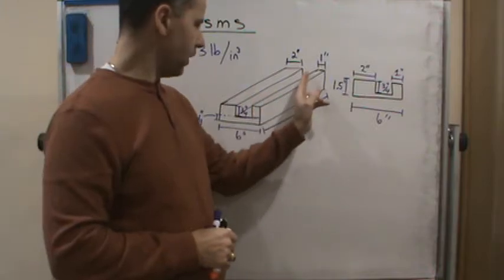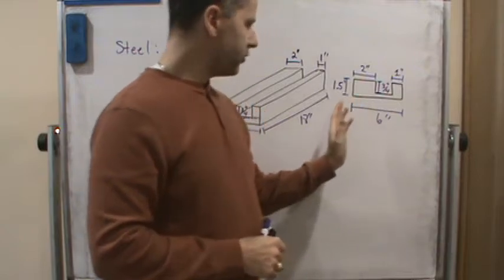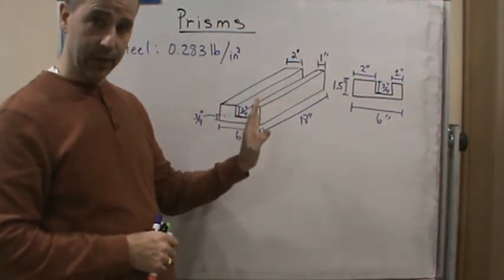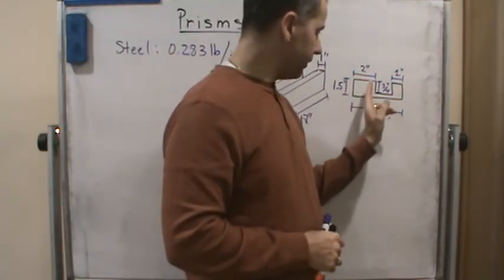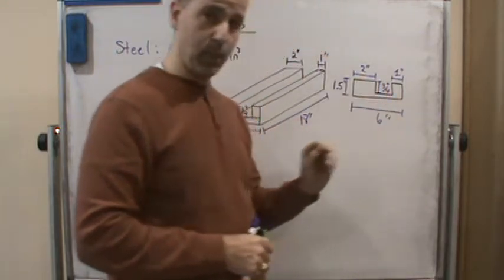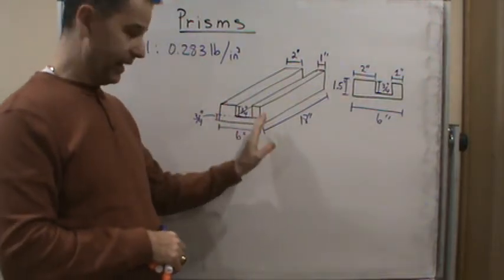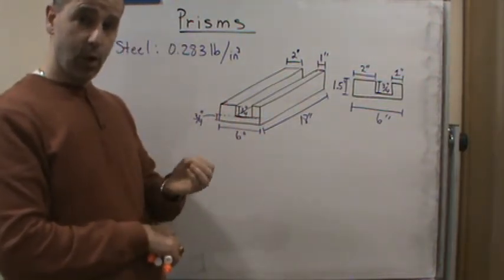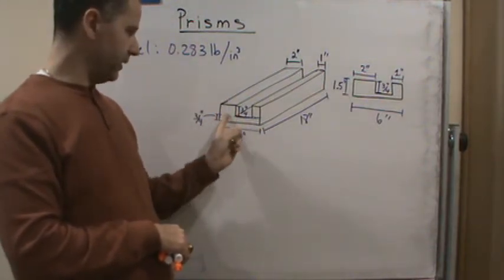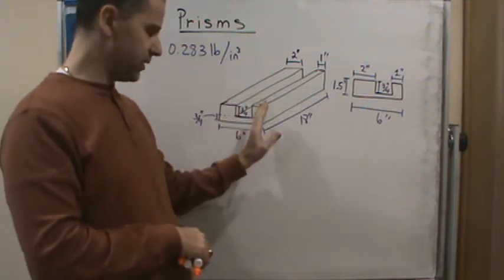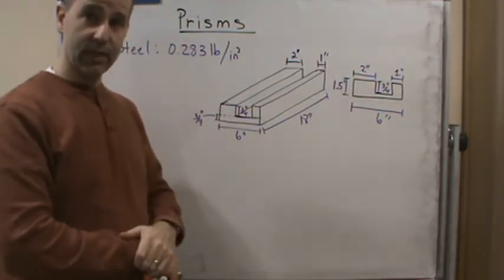If we pretended this middle piece wasn't cut out, this would be a rectangle, right? And so we could find the area of the rectangle, and cut out the area of the smaller piece. And that'll give us the surface area of this face. Okay, and then to find volume, all we do is take the surface area of this face and multiply it by the length, and that'll give us the volume.